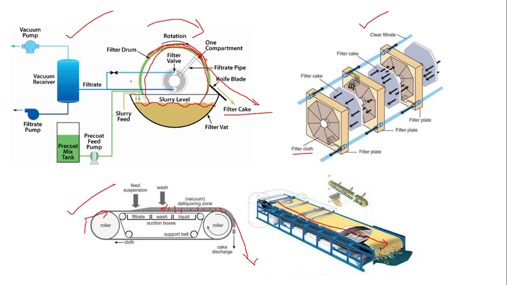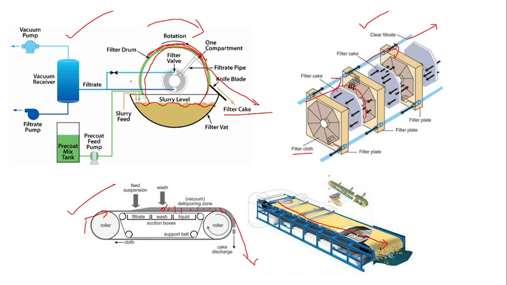When the wastewater, our sludge, is allowed to pass through this frame, the filtered clear liquid will be collected and passes through the tubes. Like this, the filtered liquid is collected and the clear filtrate exits from the other end. And whatever solid matter is not allowed to pass through this filter cloth will settle in between the frames themselves.